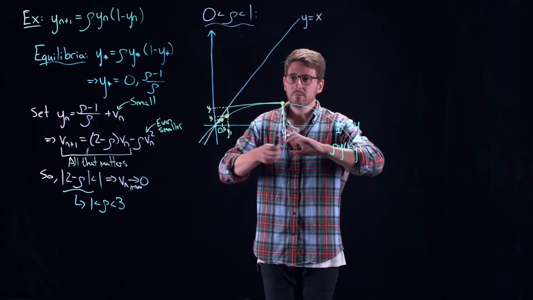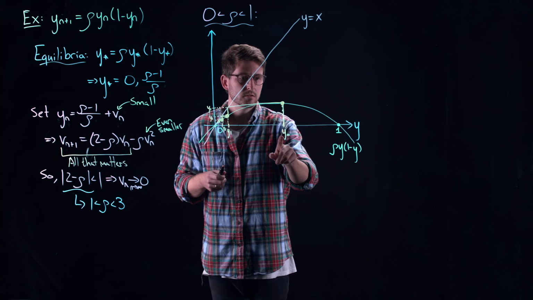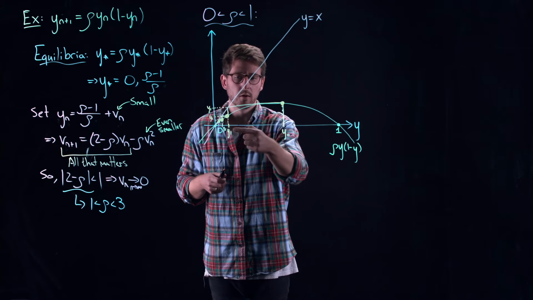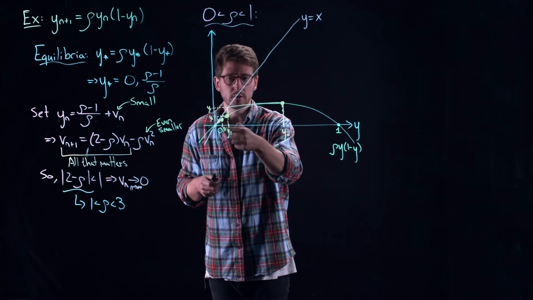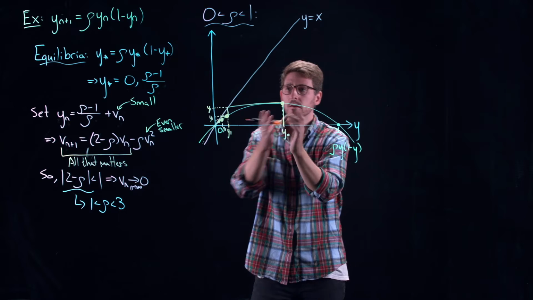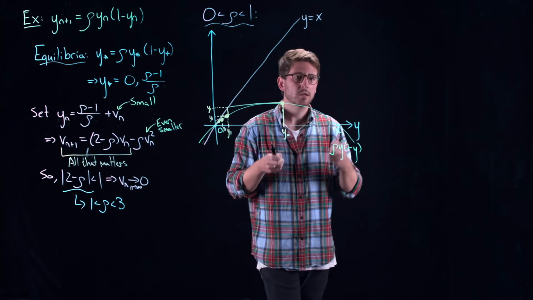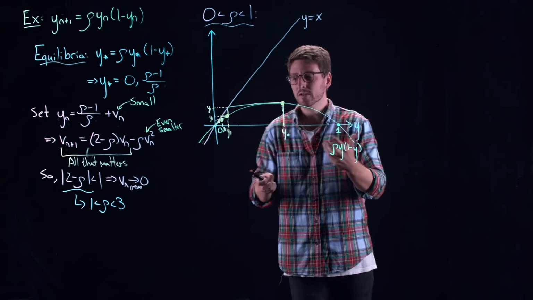But also, I'm visualizing the long-term behavior of the orbit. So I get y0, and then y1, and y2, and y3, and y4. And what's happening? Well, I'm wedging myself in, and I am converging to the fixed point, or to the equilibrium, 0. That's what's happening.